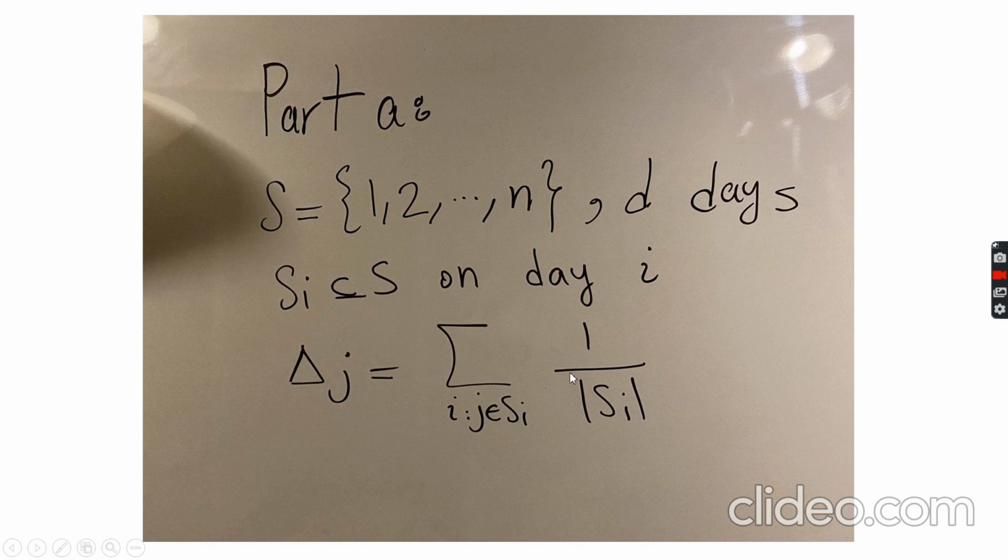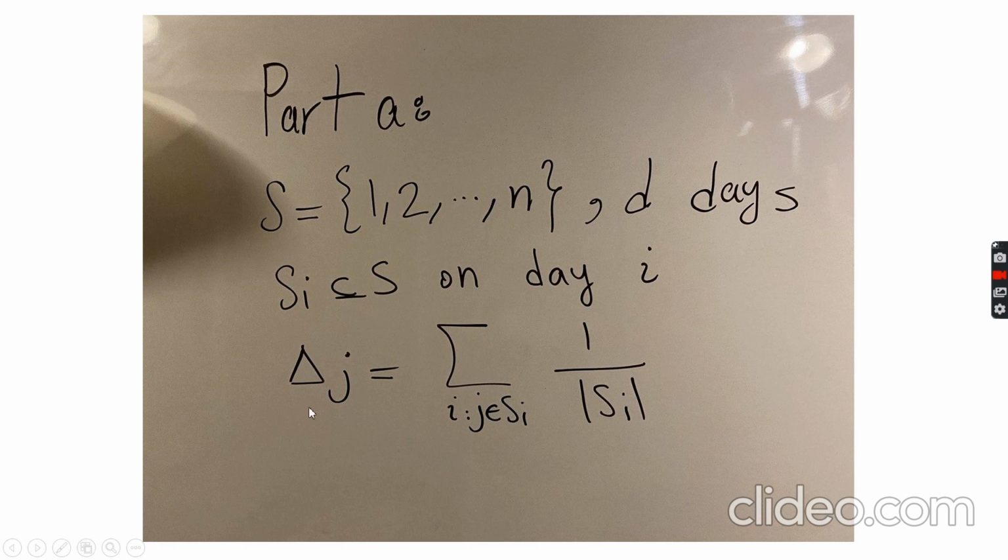So 1 over |Si| shows an equal probability of driving amongst everyone else on that day, and we sum it up over all the days that person j is traveling. So this is some kind of an intuition behind this quantity delta j.